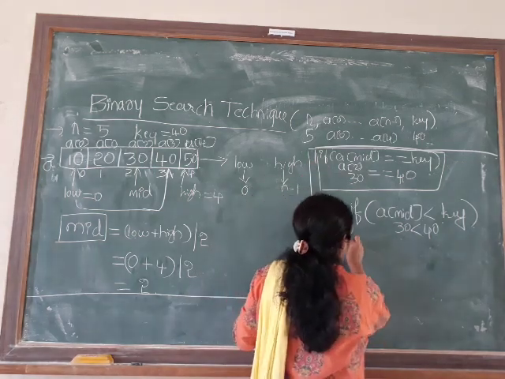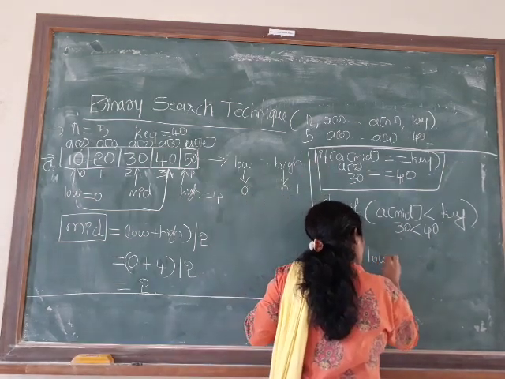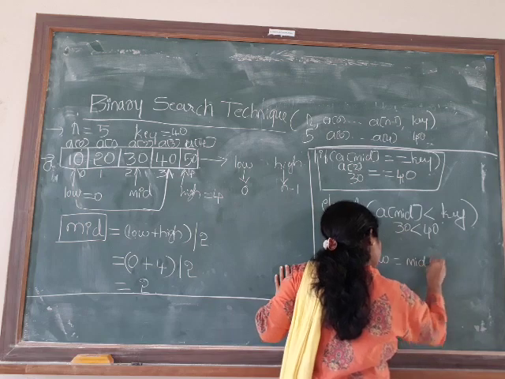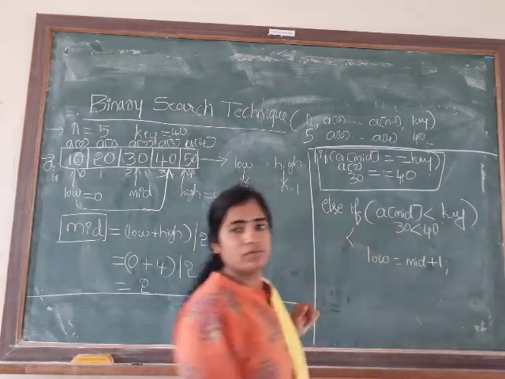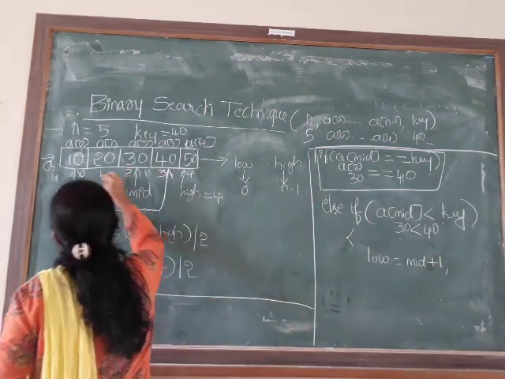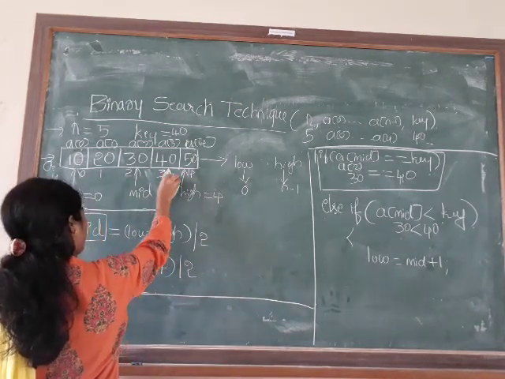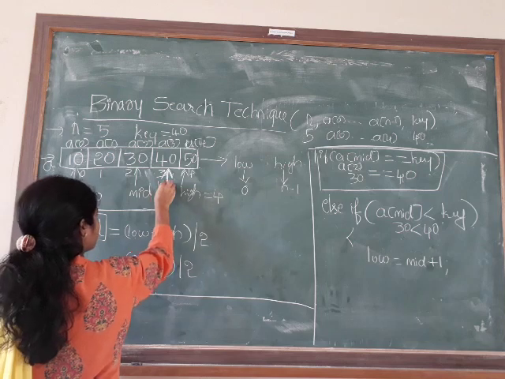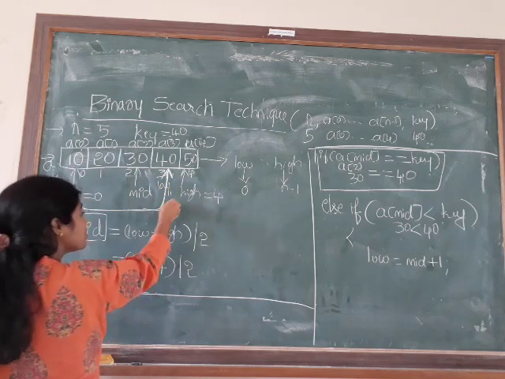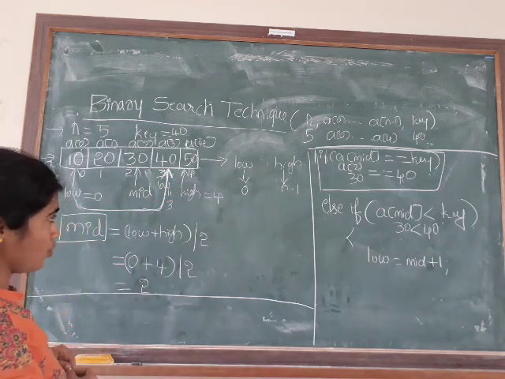That's why I will be doing low is equal to mid plus 1. You people are understanding? My low is migrating from 0 to mid plus 1. What is the new value of low now? It is 3. Yes or no?